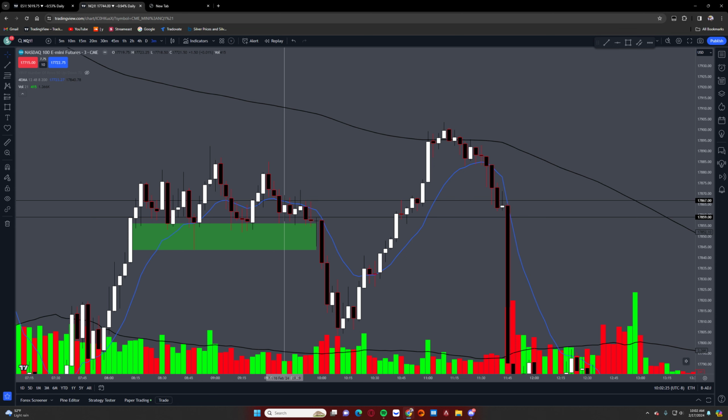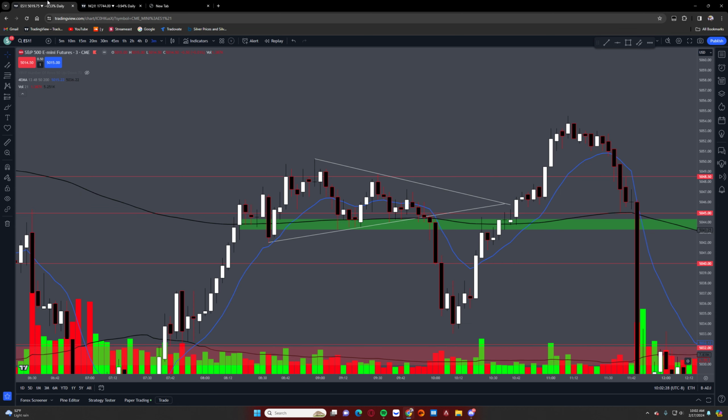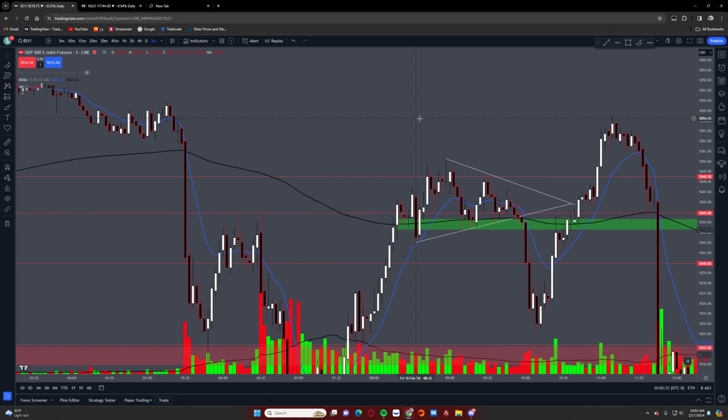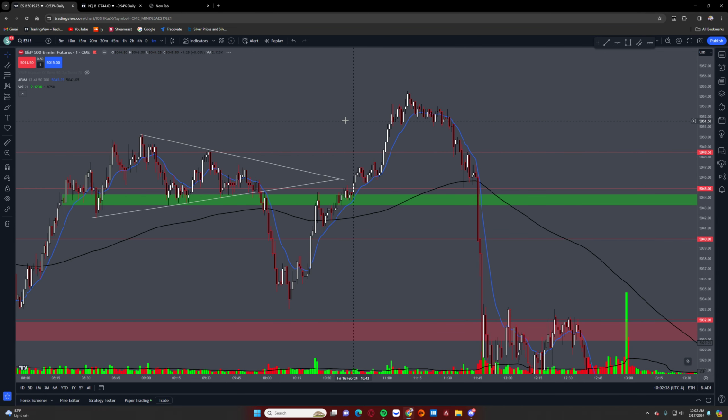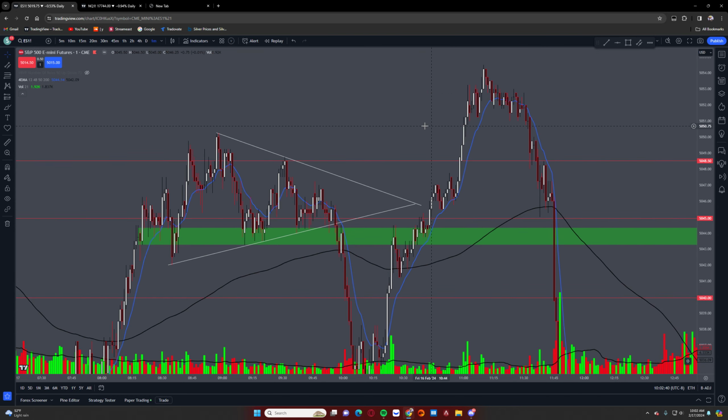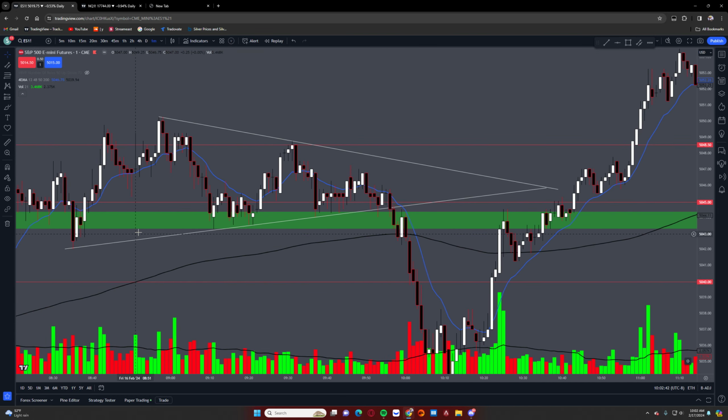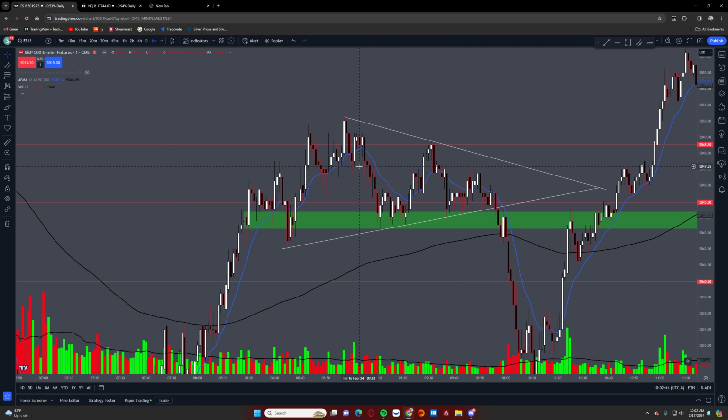And after that, I said, play this breakout and retest, right? Now, what I mean by that is we play the breakout of this zone. An optimal entry for these kind of shorts would be up here.